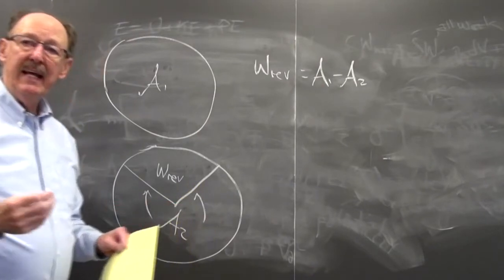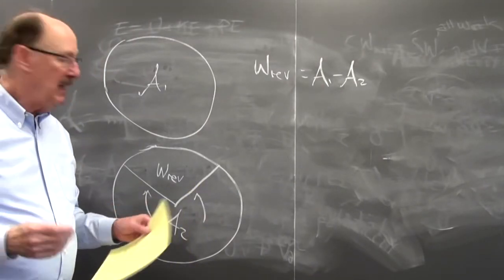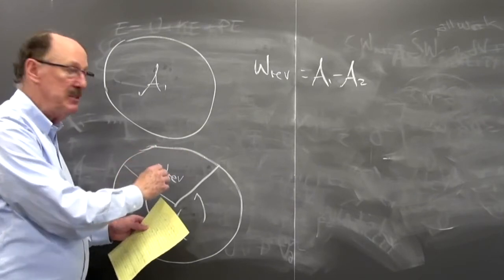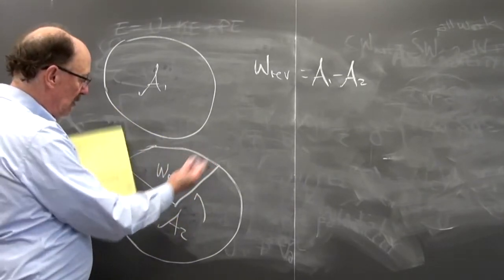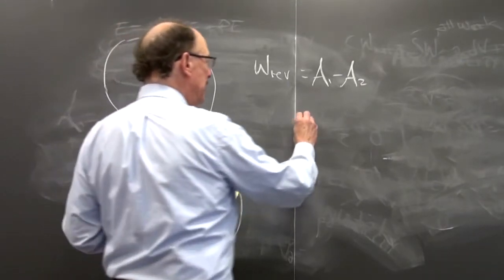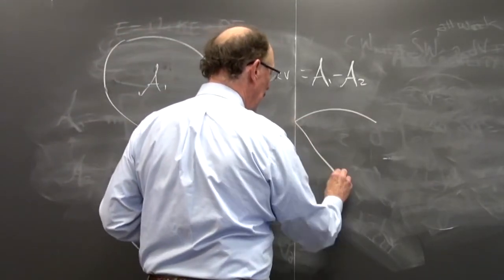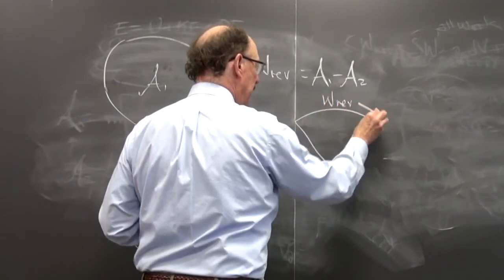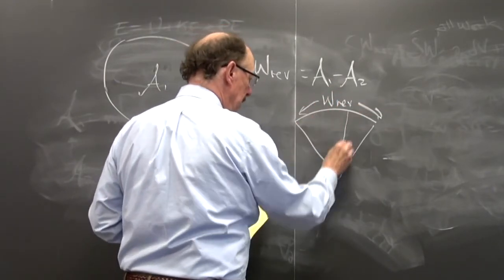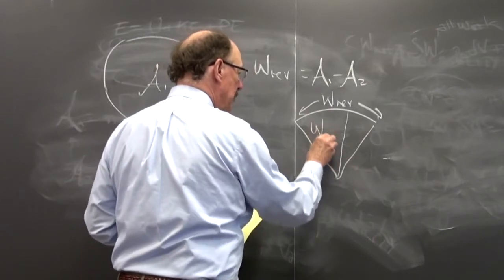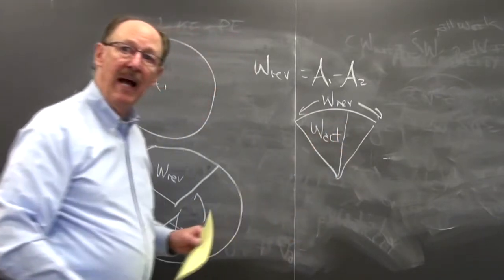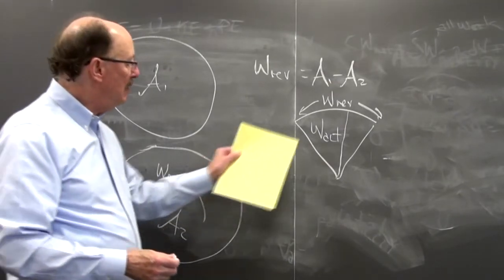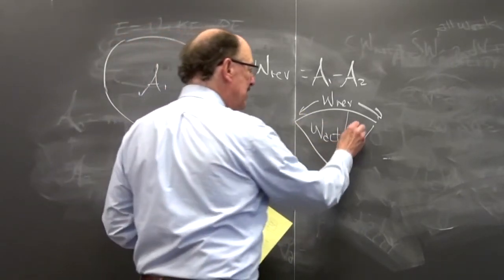Now, what happens actually is that in actual systems, not all the reversible work is used. So if I pull out this little sector, this pie piece, this is W reversible. This is W actual. So we have the actual work that gets done, and then what's left over is stuff that's wasted.